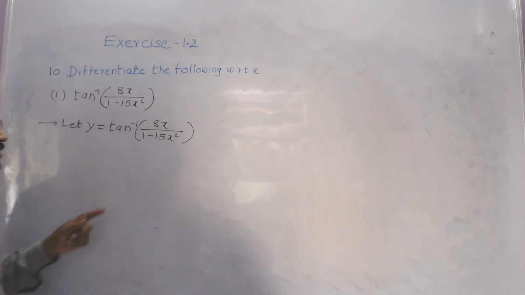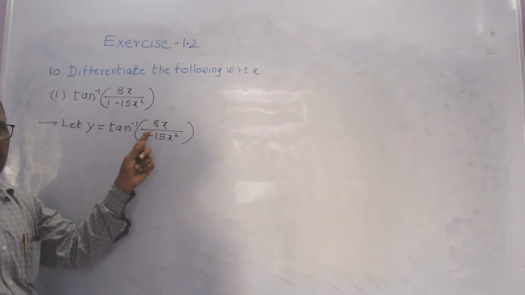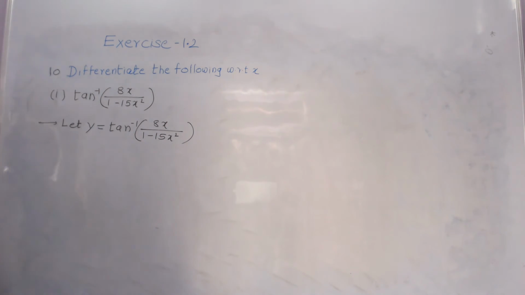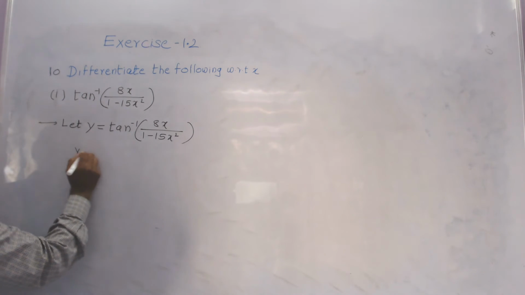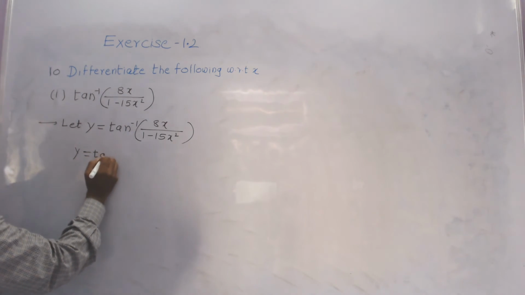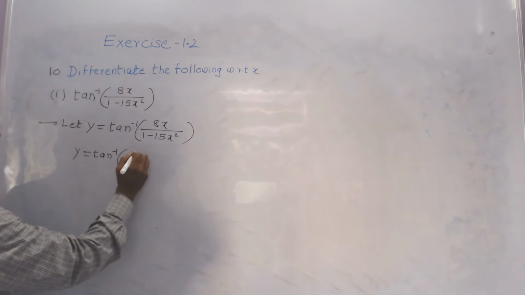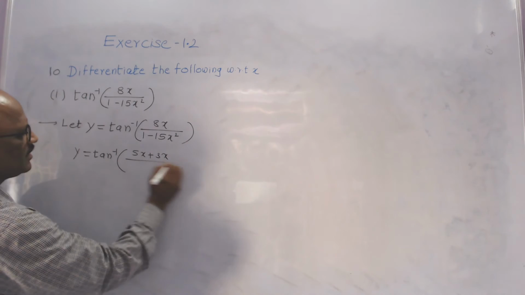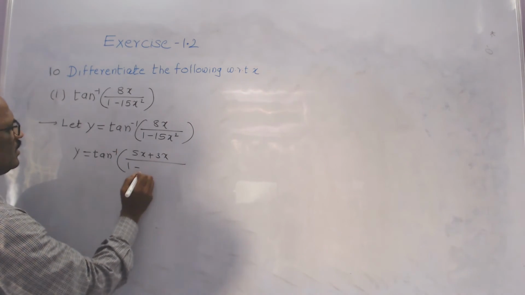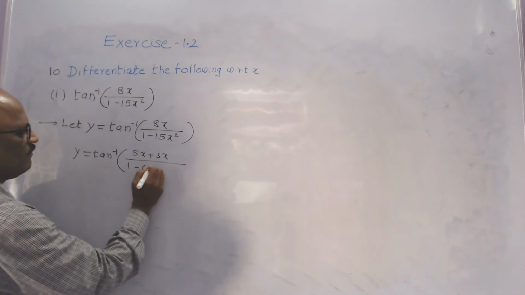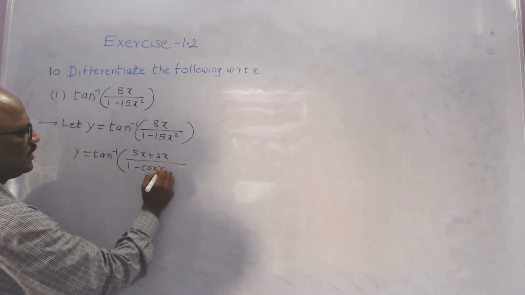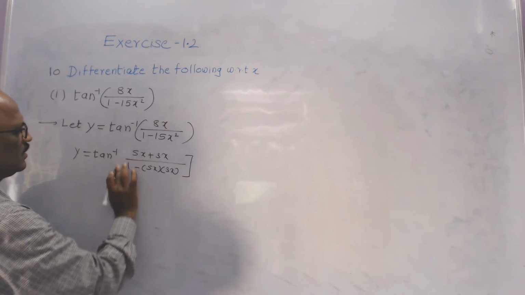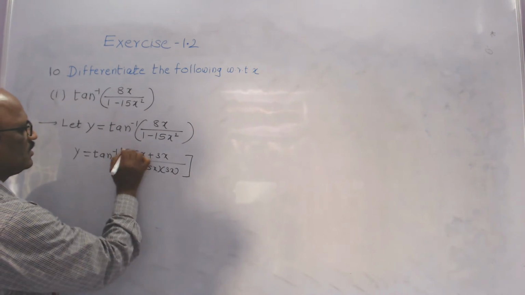And here, what are the two numbers whose sum is 8x and product is 15x square? 5x and 3x, and therefore this can be written as tan inverse of 5x plus 3x upon 1 minus 5x into 3x.